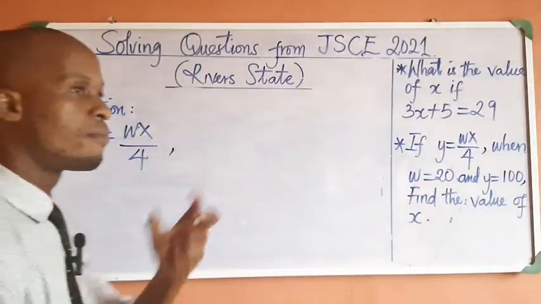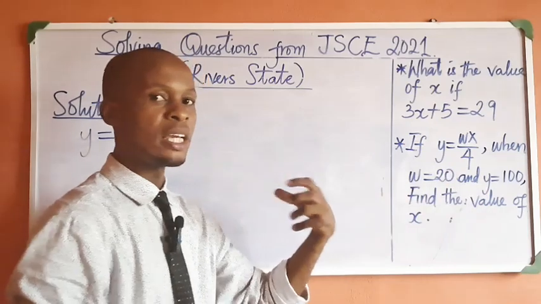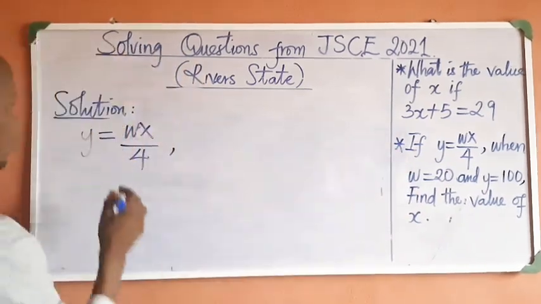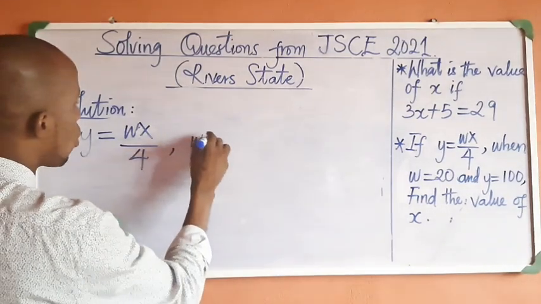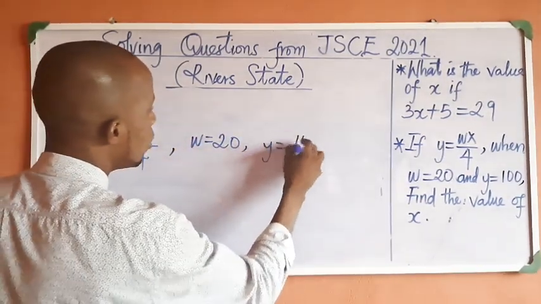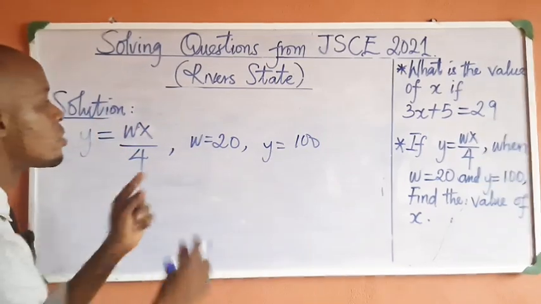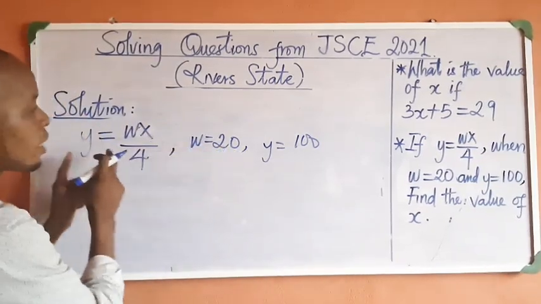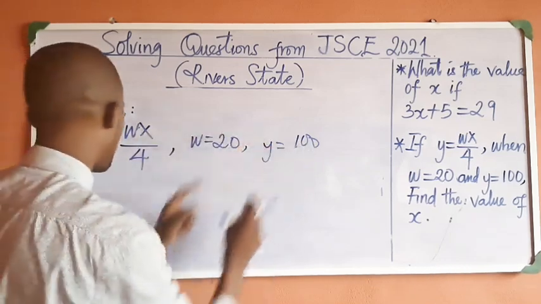Parameters are those values you can derive from a given question to solve that question, to find a solution. So W here is given as 20. Y is given as 100. Meaning that wherever you see W in the question, change it to 20. Wherever you see Y in the question, change it to 100.